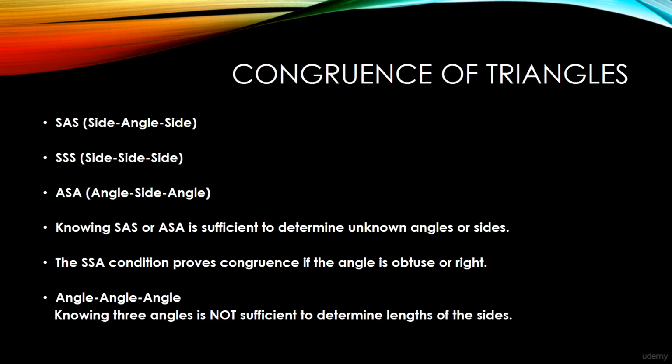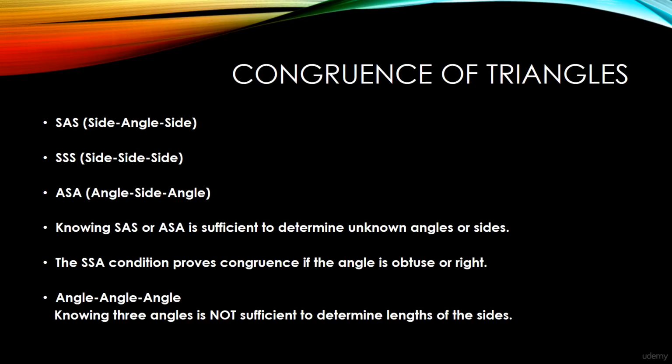Specifically, SSA does not prove congruence when the angle is acute and the opposite side is shorter than the known adjacent side but longer than the sine of the angle times the adjacent side. This is the ambiguous case. In all other cases with corresponding equalities, SSA proves congruence.